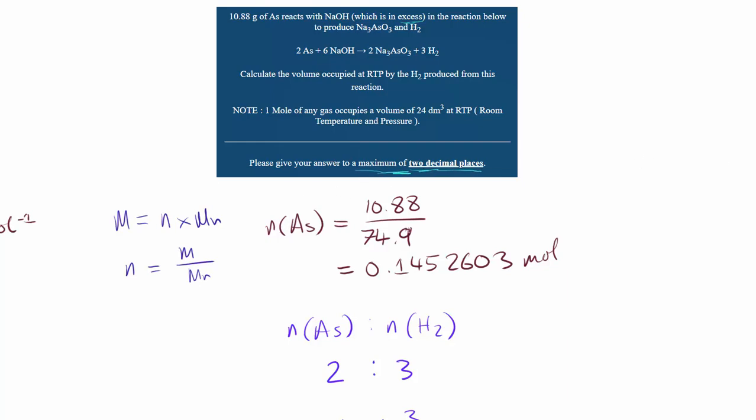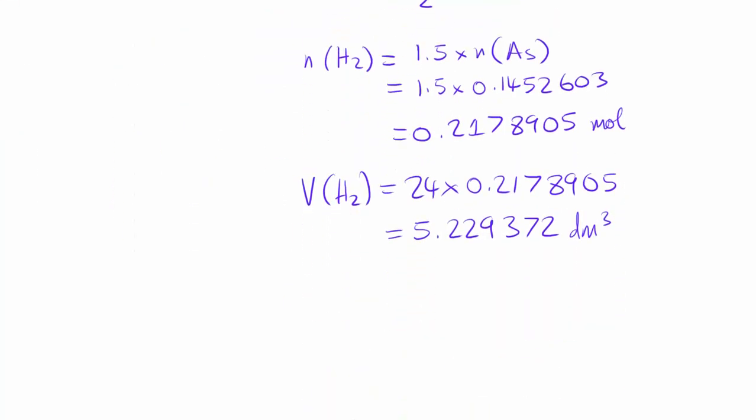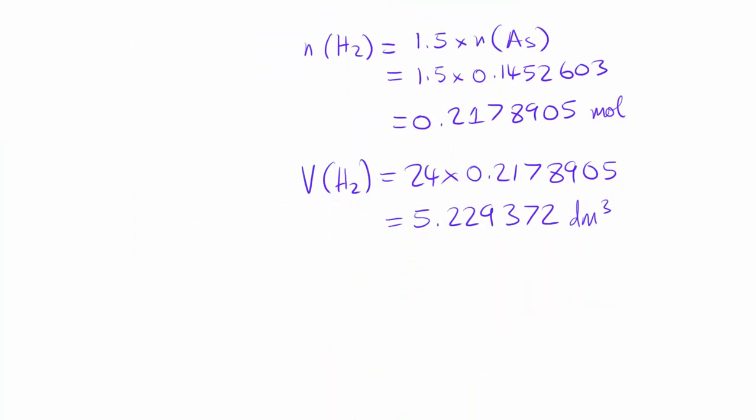Because of that, we're going to say that is going to be 5.23 decimeters cubed to 2 decimal places. Okay, so in this case, this would be our volume of H2 that's produced in this reaction.